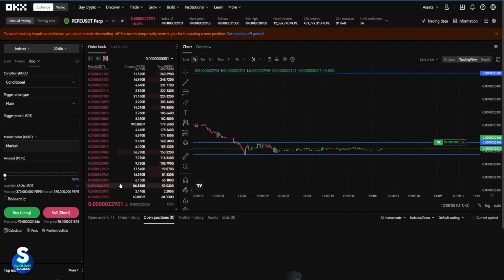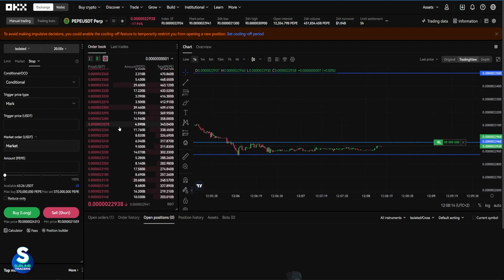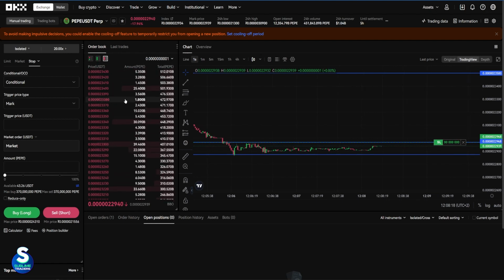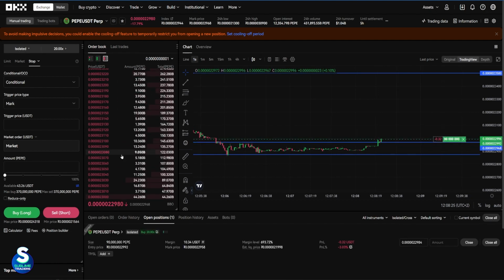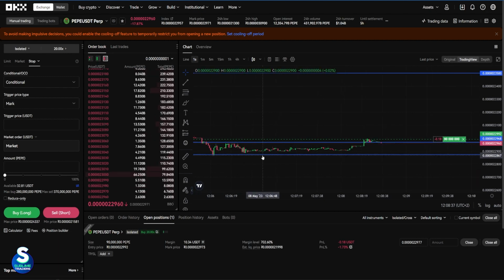And I will be targeting, let's see, the first big level. Looks like 23. 23 is a big level, indeed.